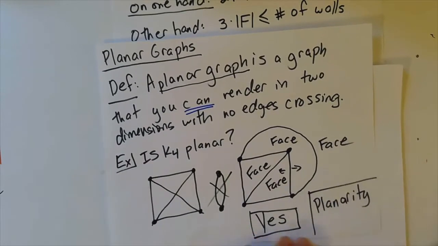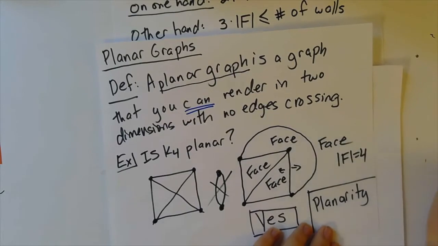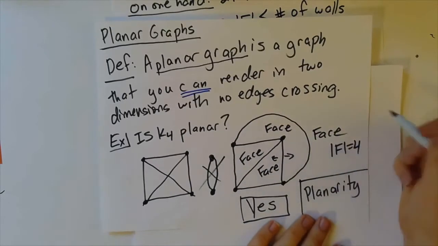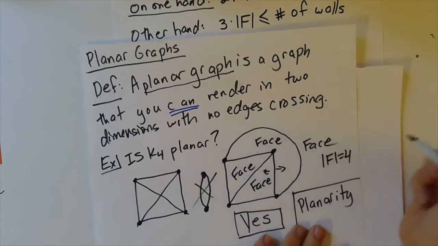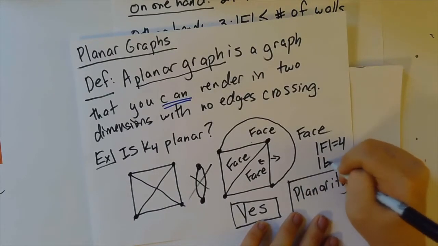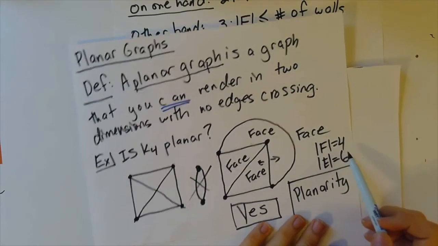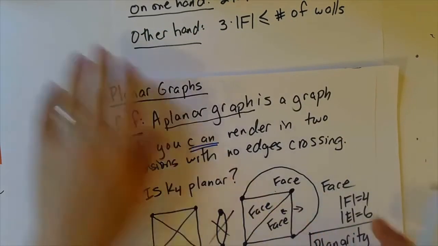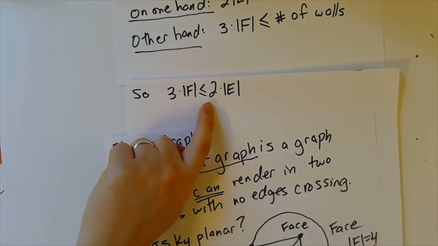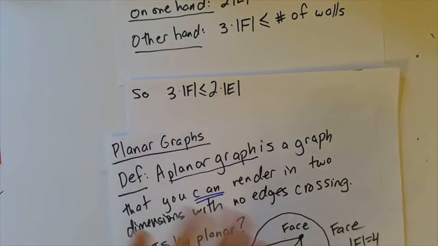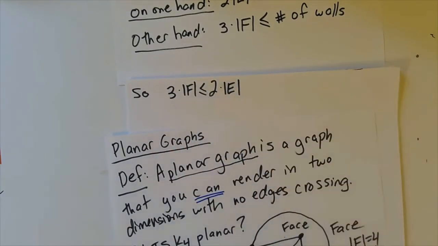In this case, I had 4 faces, and I had 1, 2, 3, 4, 5, 6 edges. Remember, it was 4 choose 2. And so what we're saying here is that 3 times the number of faces, that's 12, is less than or equal to 2 times the number of edges, that's 12. So it actually really is less than or equal. It could be equal, or it could be way less.